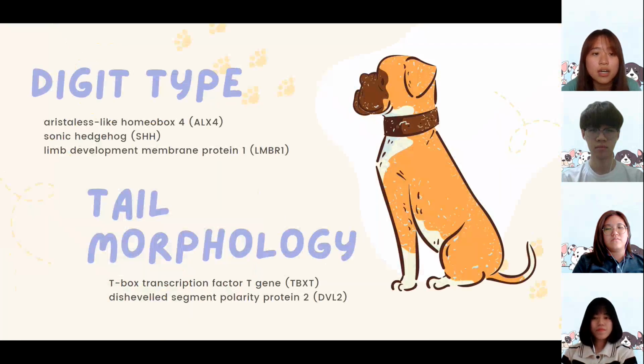Then in the digit type, which is the hind limb type, variants in genes, for example ALX4 and SHH, are proposed to be responsible for the formation of the dog breed limb. Lastly, a tail morphology gene, for example DVL2, is used by forensic investigators to differentiate dog breeds with a screw tail from other domestic dog breeds.